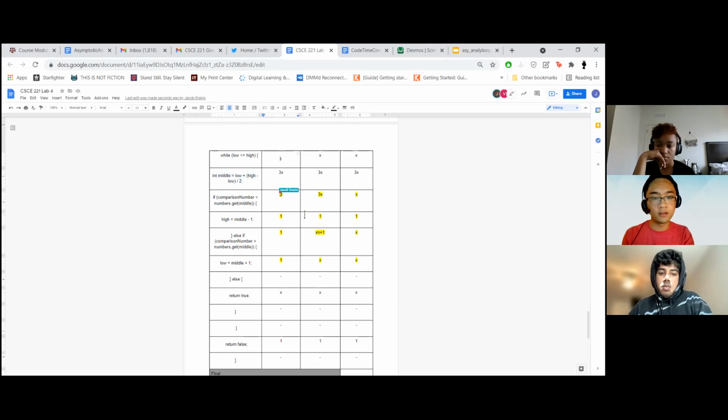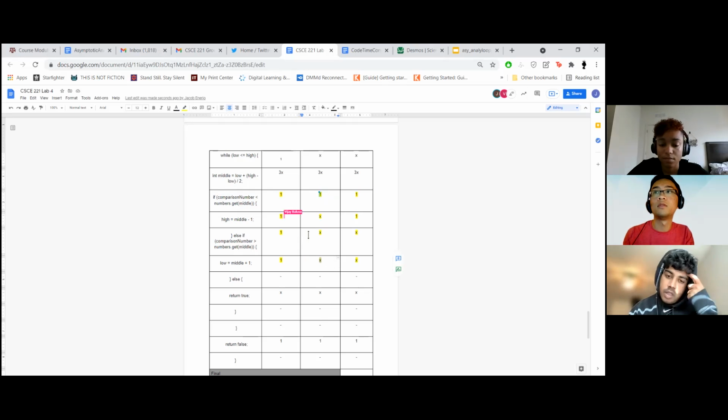We already found middle. So that's just one then. And then middle minus 1 would also be the same way, right? Because high is already set. Does decrement count as well? Since this is all in the while loop, this should all run X times, I think, right? Mm-hmm.